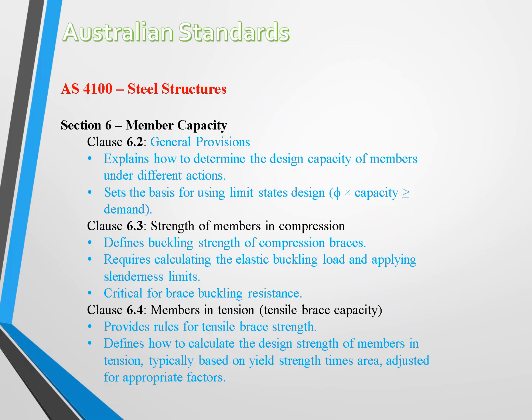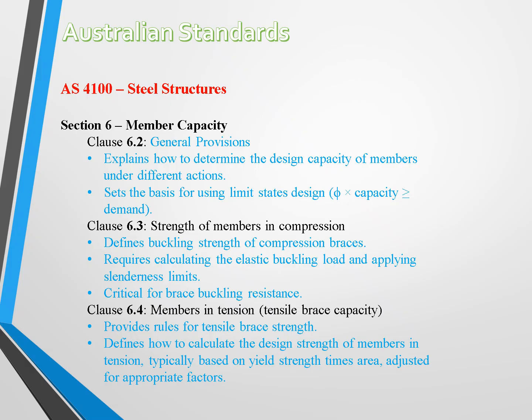AS 4100 for steel structures, Section 6, member capacity. Clause 6.2, the general provisions, explains how to determine the design capacity of members under different actions, and also sets the basis for using limit states design.